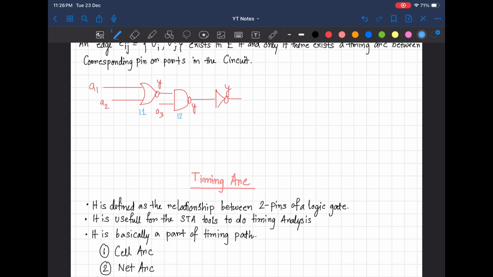Let's define all the cells. These are I1 cell, these are I2 cell, these are I3 cell, and also define the pins, A pin, B pin. This is also A, this is also B, and this is simple, you can say the Y pin.